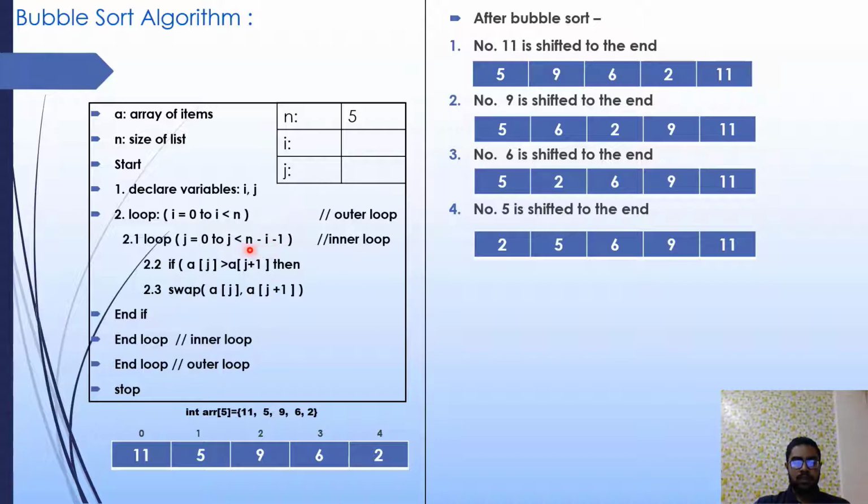So 5 minus 0 minus 1 will be 4. So 1 less than 4 is true. So then the swapping protocol will be called.